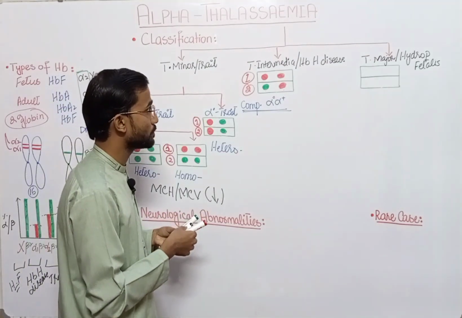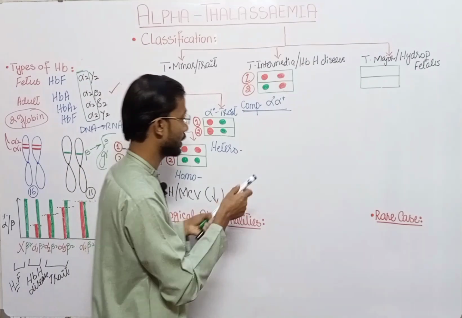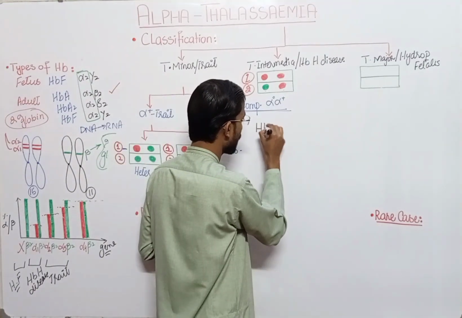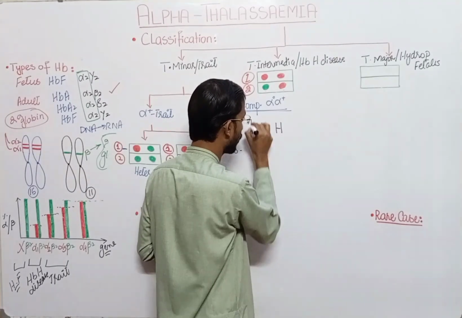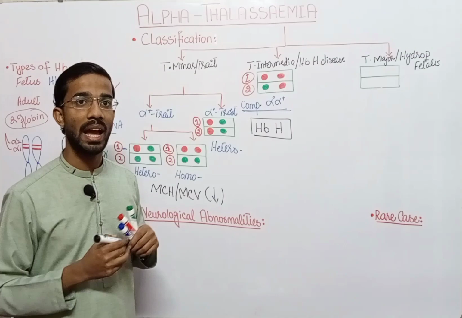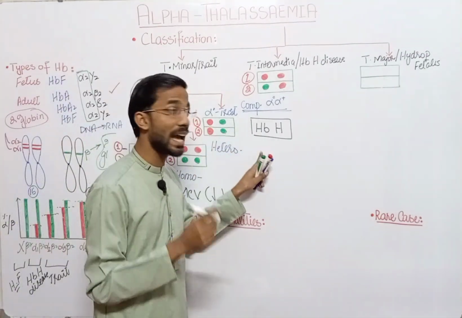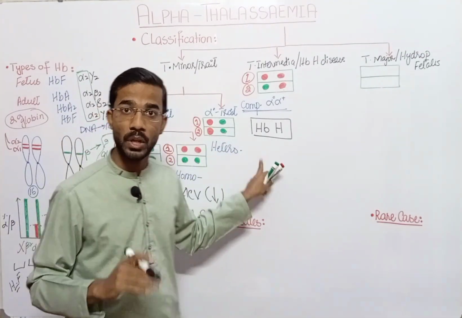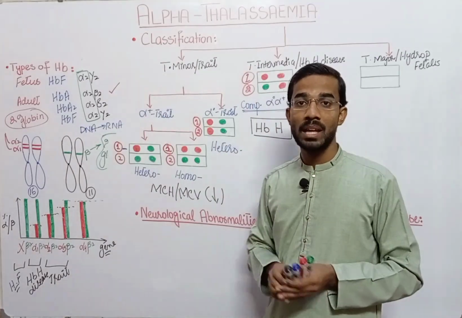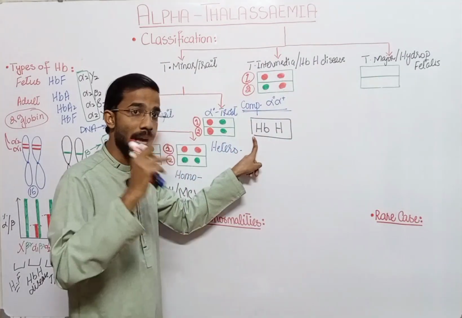In this disease, you will see HbH hemoglobin. On the basis of this, we call it HbH disease. HbH hemoglobin is abnormal. We discussed these hemoglobins, these are normal hemoglobins, but HbH hemoglobin is abnormal.